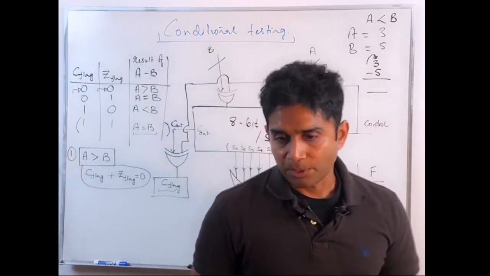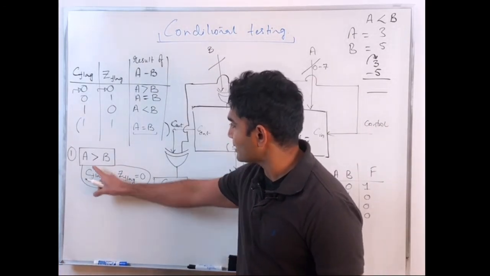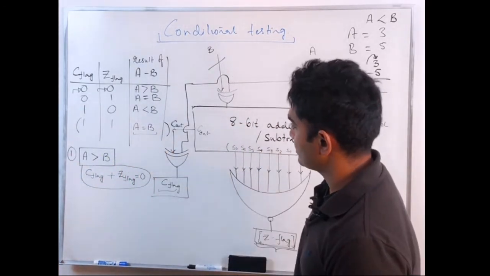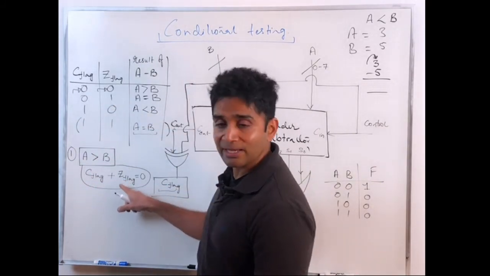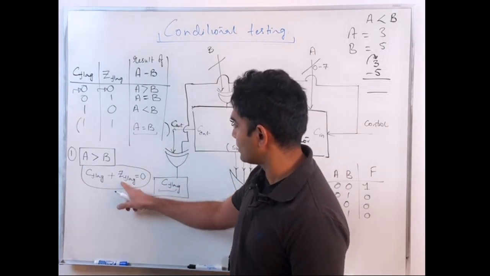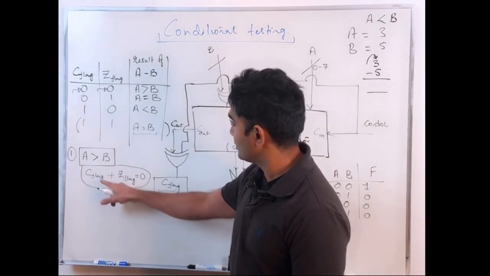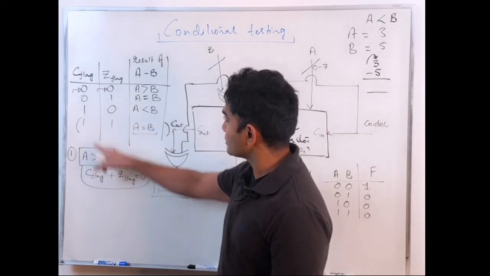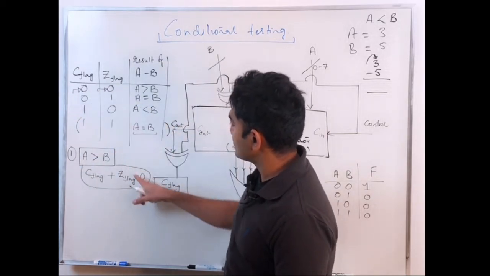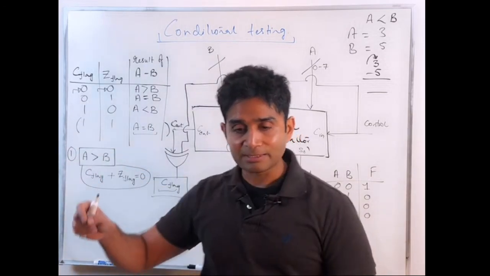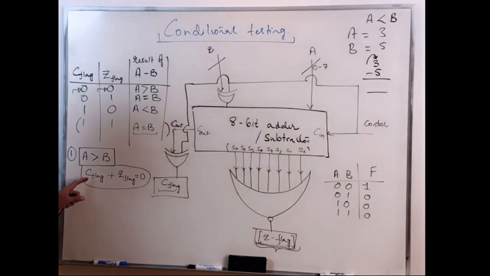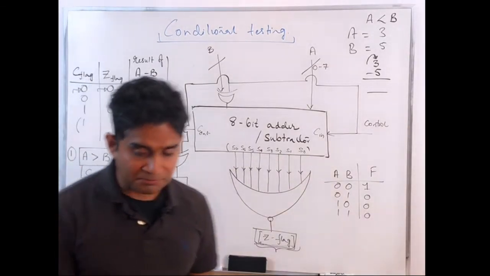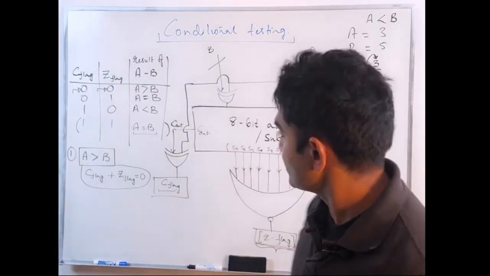Now, if this particular condition is satisfied, I am saying that A is strictly larger than B. As you will see here, if this condition has to be satisfied, then my Z flag can never be 1, right? Because if C flag is 1, then of course this condition is not satisfied anymore. C flag has to be 0, and my Z flag has to be 0. So for A to be strictly larger than B, all I have to do is check this condition, C flag plus Z flag should be 0. If the condition is satisfied, then A is strictly larger than B.